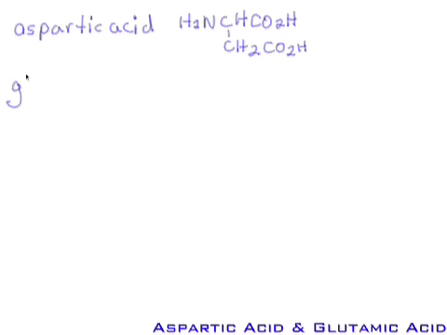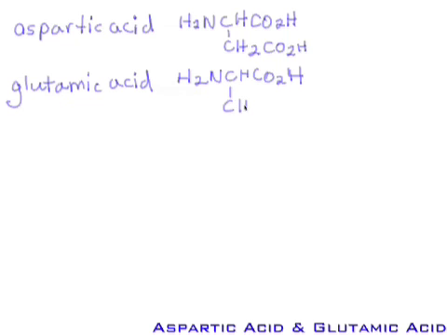Glutamic acid, just like glutamine, is an amino acid with an R group side chain consisting of 2 CH2s.